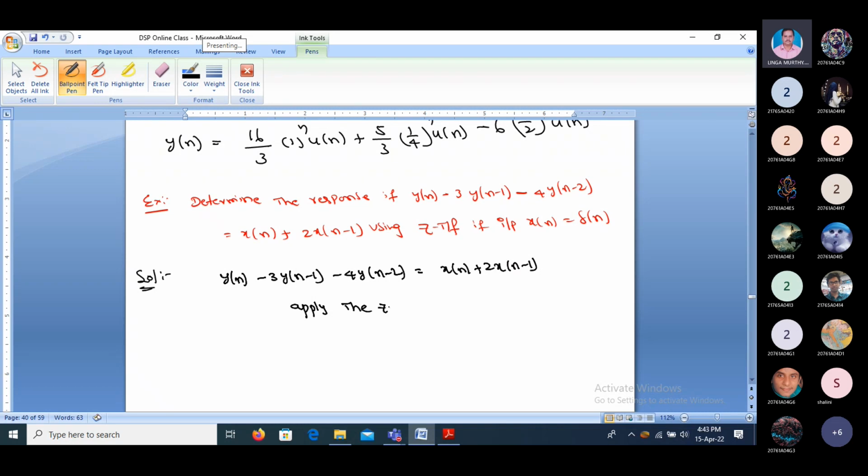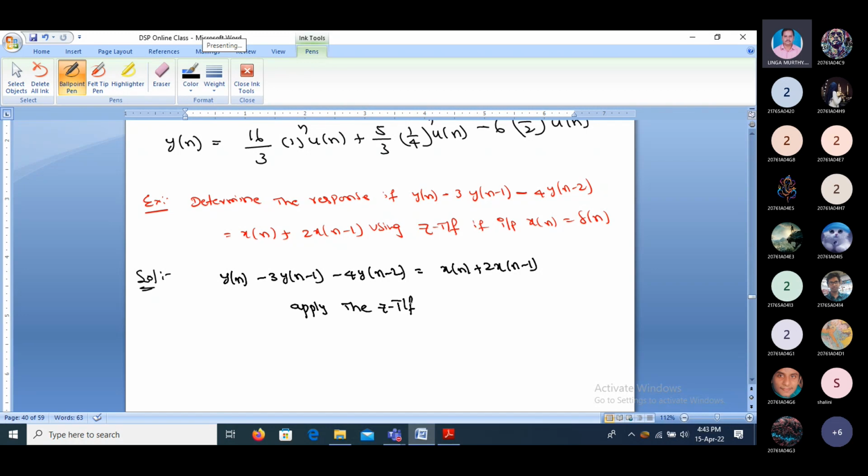Actually for the same problem, it is a forced response now, because input is given. So what is the procedure you have to follow to find the forced response in the first chapter? First we go for the homogeneous solution, then the particular solution. In the homogeneous solution we write y of n is equal to lambda power n, then it converts into a quadratic equation, then find the roots.